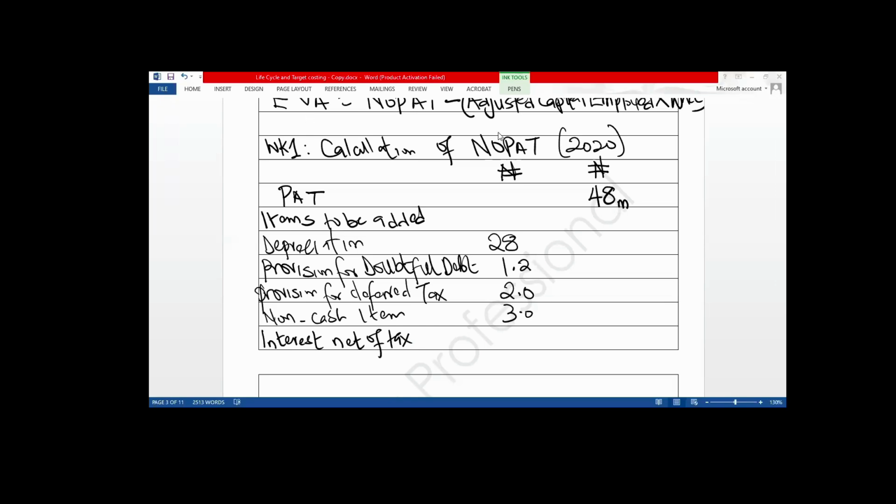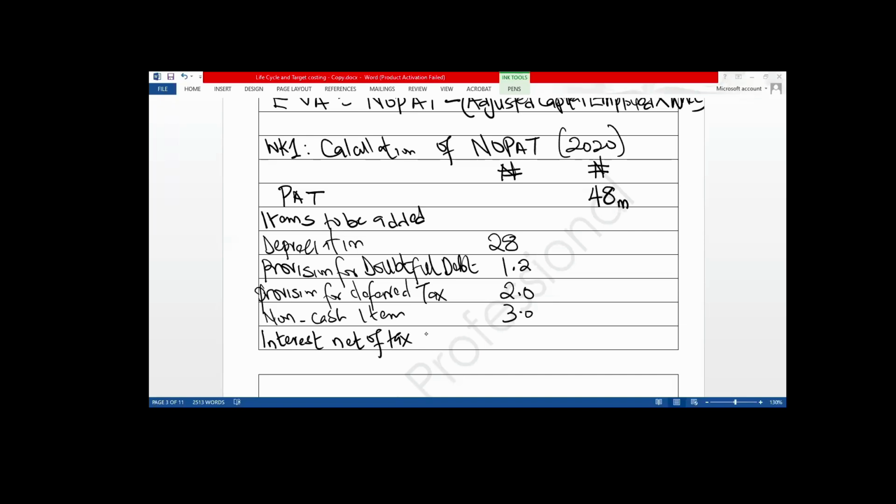What is the finance charge for 2020? 14 million. That 14 million is the interest cost. Out of that 14 million, you are now going to deduct tax.